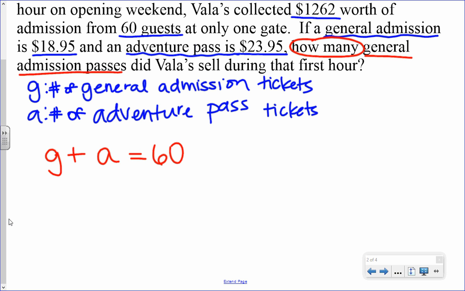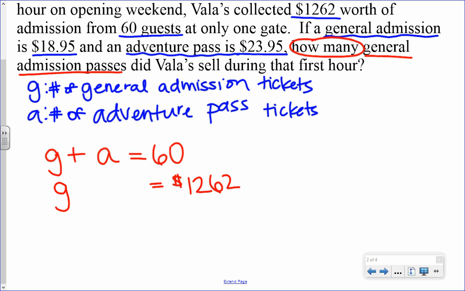Okay. Then we have this money. They collected $1,262. Do you have some other information about money? Do you think those need to be grouped together? Probably, okay? So, total, they made $1,262.